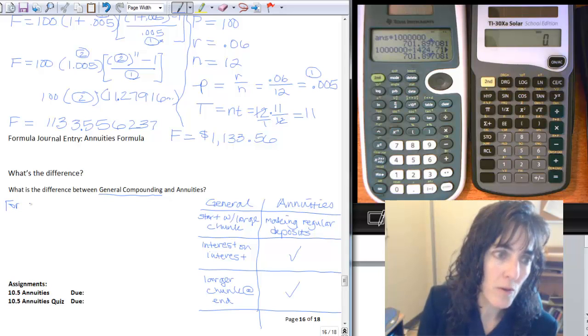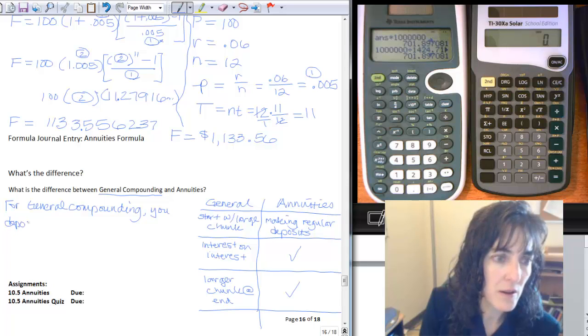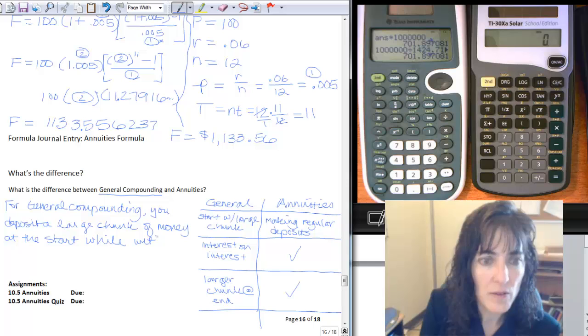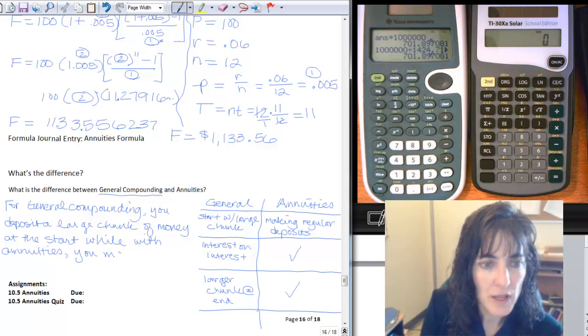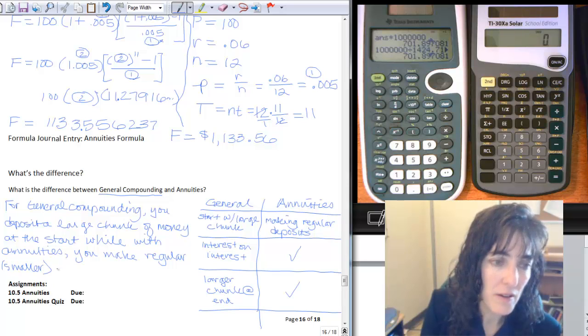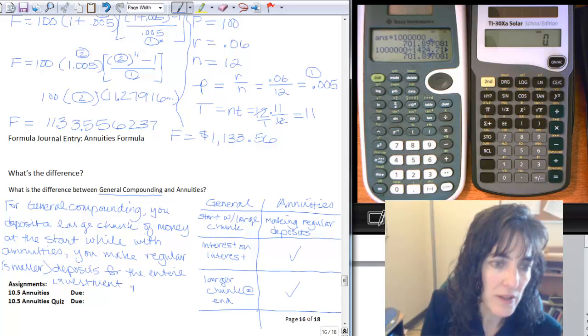So for general compounding, you deposit a large chunk of money at the start, while with annuities, you make regular and probably smaller deposits for the entire investment period.